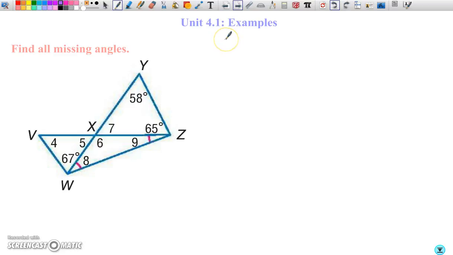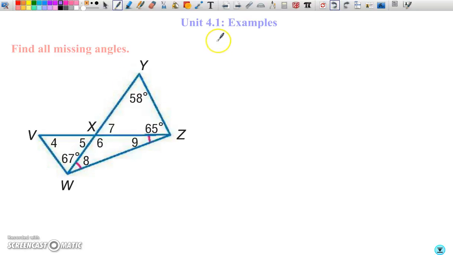All right, now in this example, we're going to find all of our missing angles, and we're going to work our way around. We have angles 4, 5, 6, 7, 8, and 9. One thing we have to use as we look at this triangle, triangle YXZ, is that there's 180 degrees in a triangle.